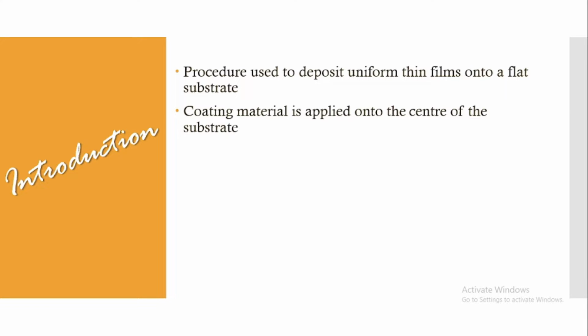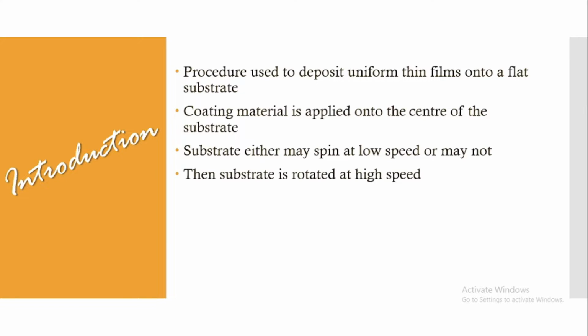How does it work? Whichever coating material is there, a small amount of it is applied onto the center of the substrate, and the substrate can be either spinning at low speed or not spinning at all. This is when the precursor material is put at the center of the substrate.